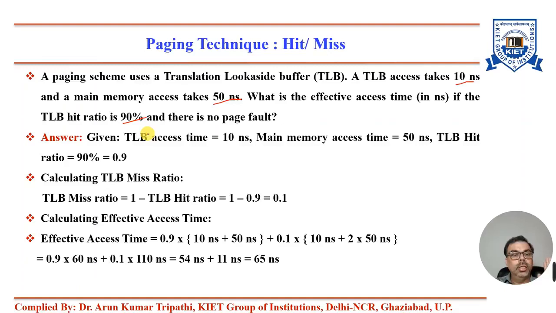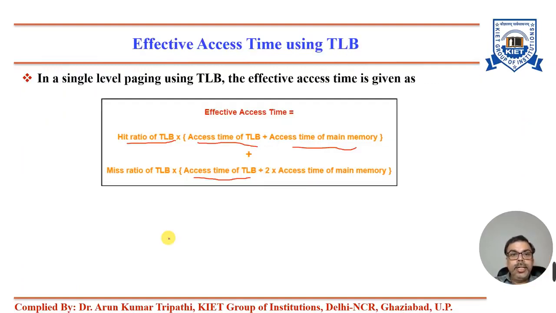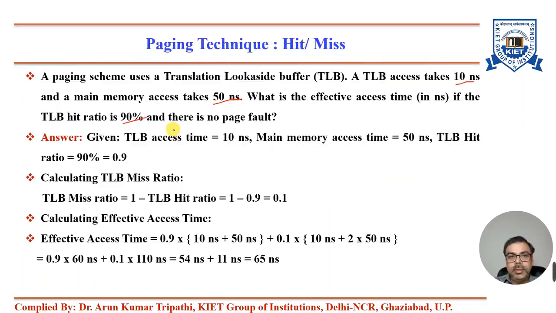So we will calculate the result using the hit ratio. Hit is 0.9, because TLB is 90%. So miss will be 0.1. So hit multiplied by the time to access the TLB plus the time to access the physical memory location. Why physical memory location? Because the frame exists in the physical memory.